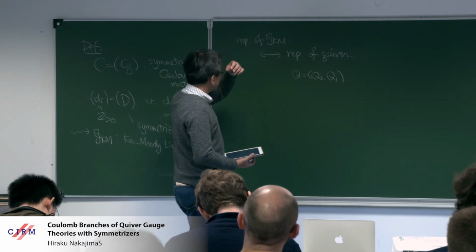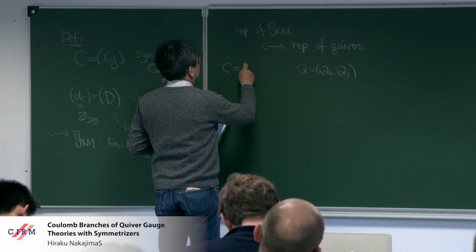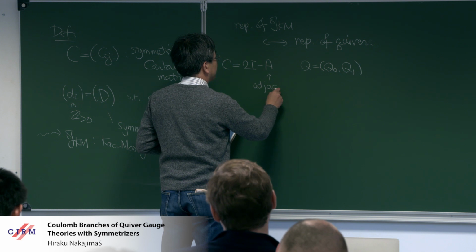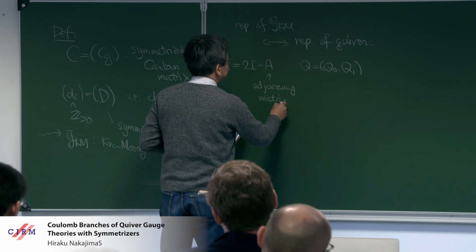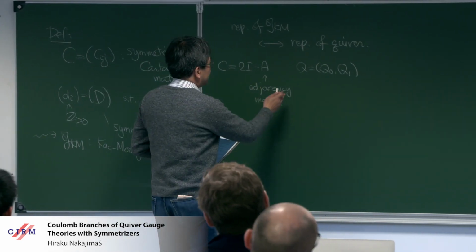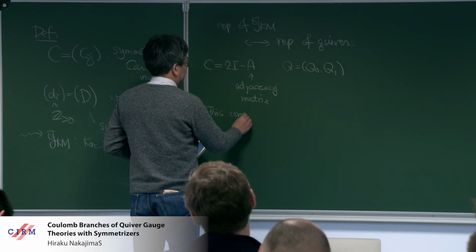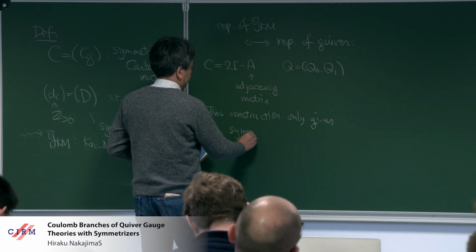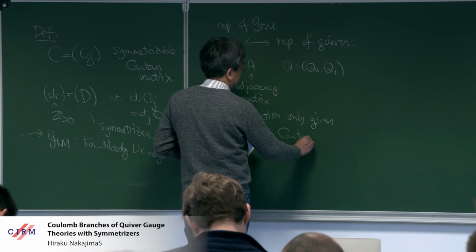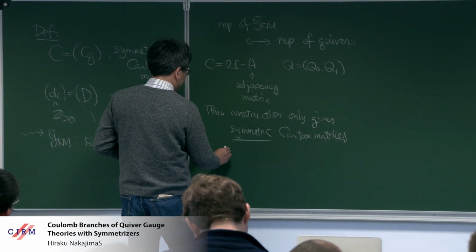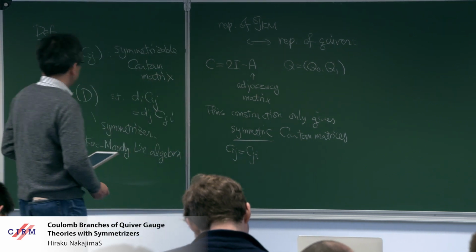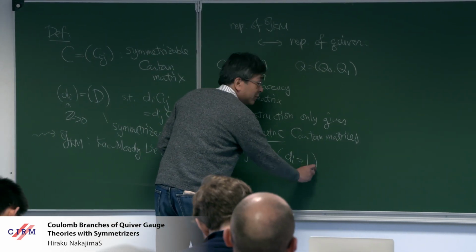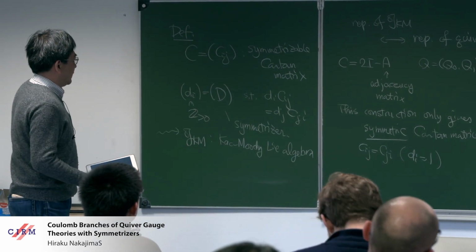You forget the orientation of Q1 and consider the adjacency matrix A, and the Cartan matrix is defined as 2 times I minus A. But this construction only gives symmetric Cartan matrices. Symmetric means that Cij is equal to Cji, so di could be an arbitrary scalar matrix, but people usually take di equal to 1 implicitly, because you don't need a symmetrizer if C is already symmetric.